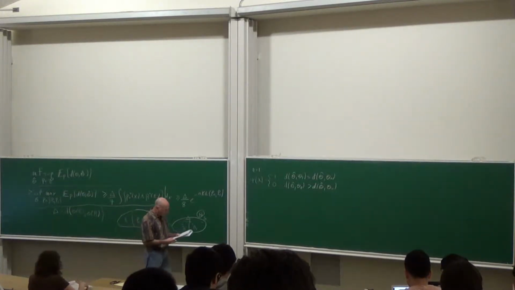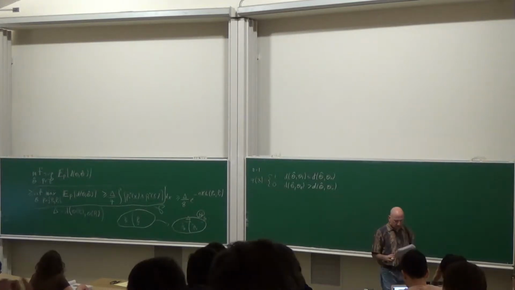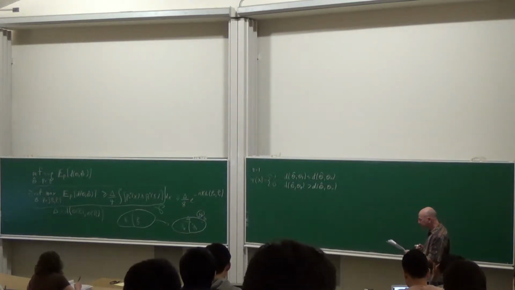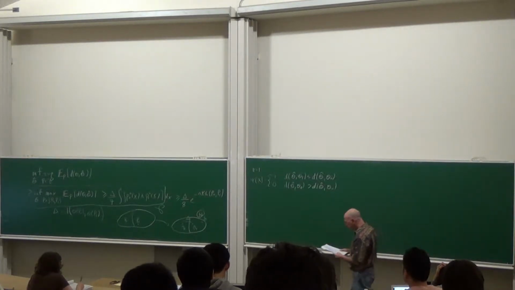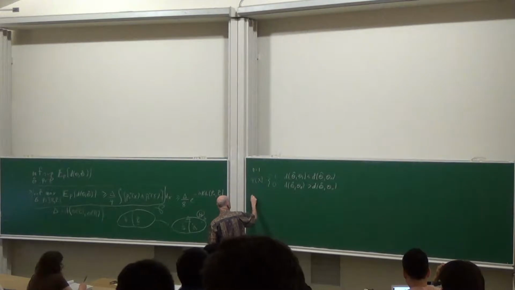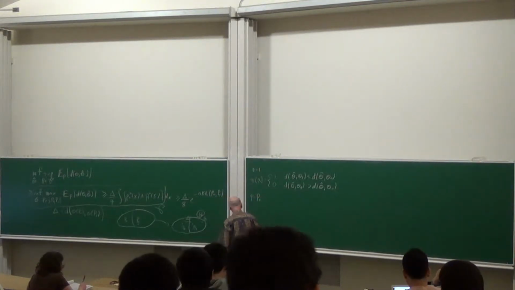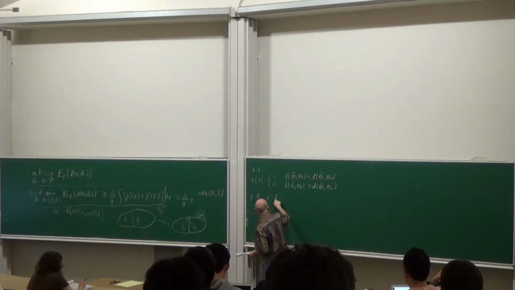So now what I'm going to show is a simple bound on the distance between your estimator and the truth. Let's consider two cases. Suppose the truth was P0, so suppose I actually generated the data from P0. And suppose phi turned out to be 1.